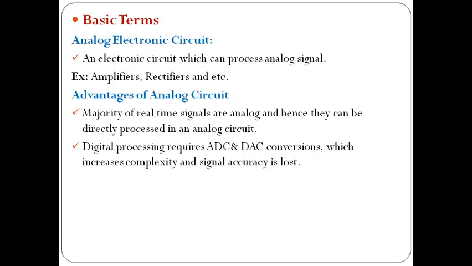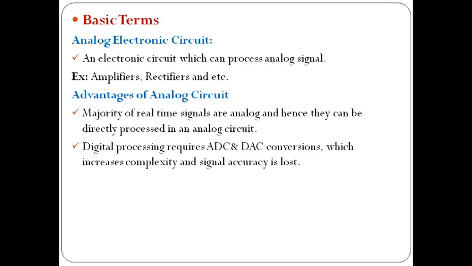Due to that, complexity will increase and the signal accuracy will decrease. When we are converting from analog to digital or digital to analog, we are taking the samples. That means the accuracy of the signal is lost.